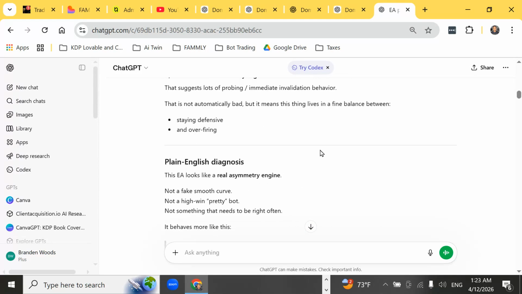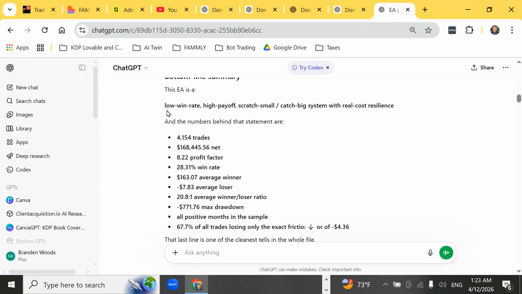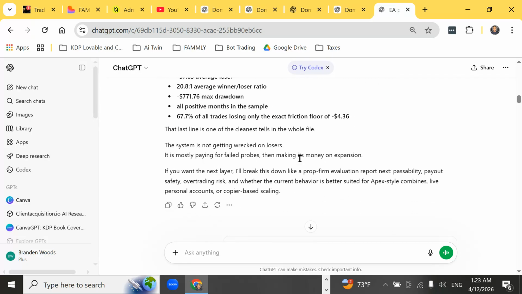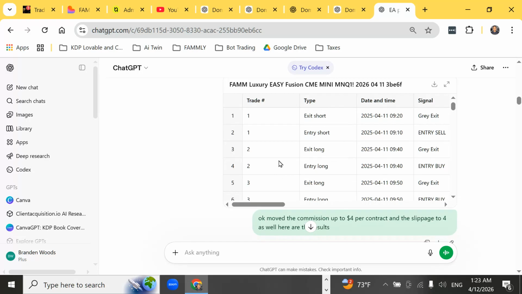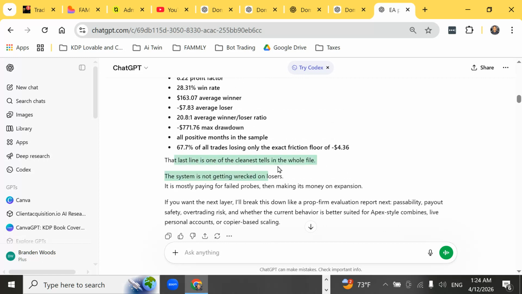And basically the summary, let's go straight to the summary. Low win rate, high payoff, small scratches, and they catch really big wins. Now this is the actual CSV from the strategy test, right? This last line tells the whole file.